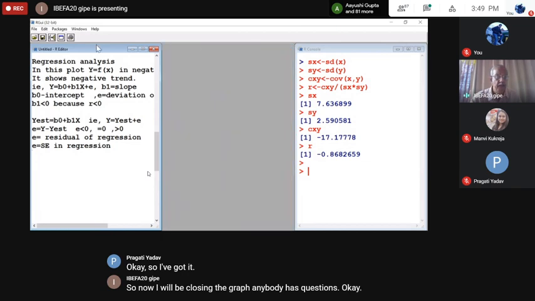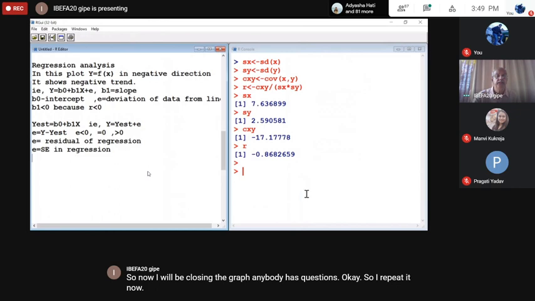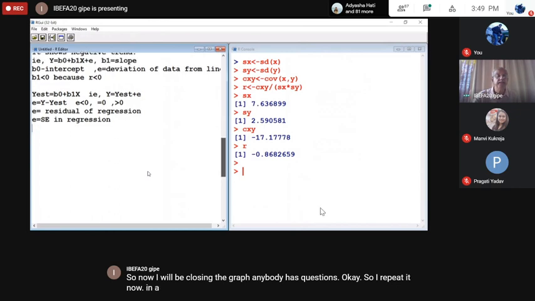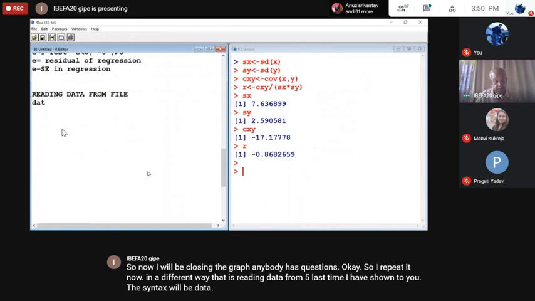Okay, so I repeat it now in a different way, that is, reading data from file. Last time I showed you, the syntax will be data, open close parenthesis.